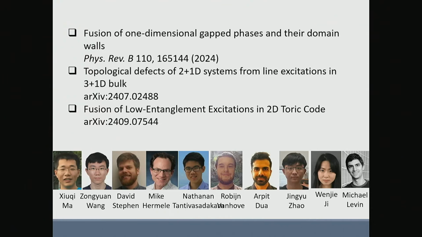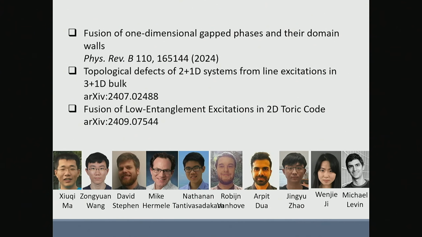Yeah, great question. So I think the answer to those are probably yes, at least in one dimension. In one dimension, there's a much better understanding of this. I didn't mention it, but underlying all these, there's this symmetry TFT picture and how all the duality transformations, including bosonization, fermionization, gauging, and all these.